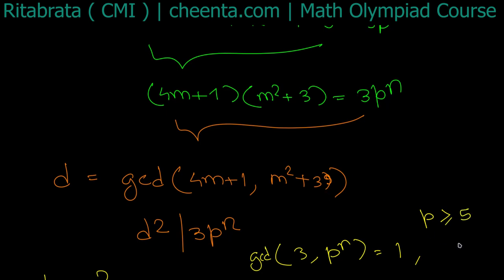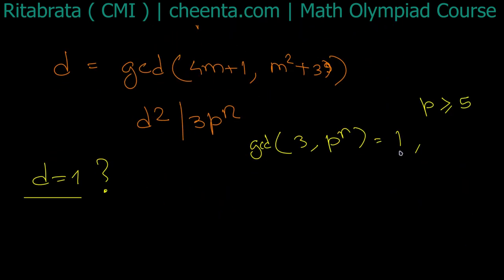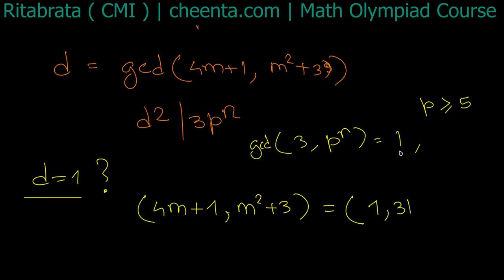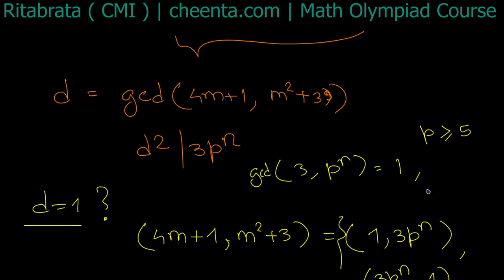So GCD of p and 3 is 1, and so is GCD of 3 and p power n. So in these cases, what can be all the tuple values of (4m plus 1, m square plus 3)? It can be (1, 3p power n). It can be (3p power n, 1). This is the case where one of the numbers is 1.